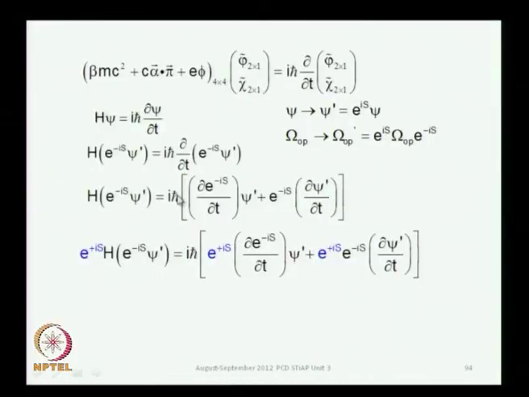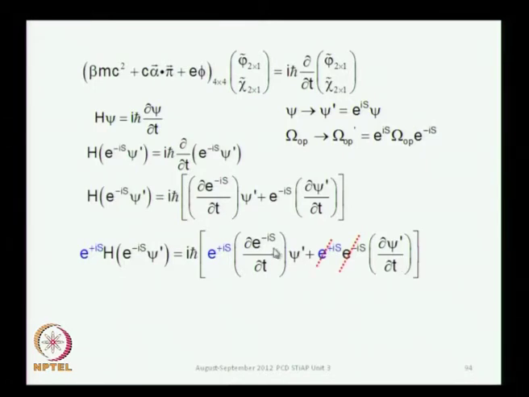So, now you have this relationship, you operate on this entire set of equations by e to the iS. So, you have e to the iS operating on the left side and also on the two terms on the right. You get the unit operator from this e to the iS e to the minus iS, and now if you use this relationship, because the second term is i h cross del psi prime by del t, that would be the term you are looking for.